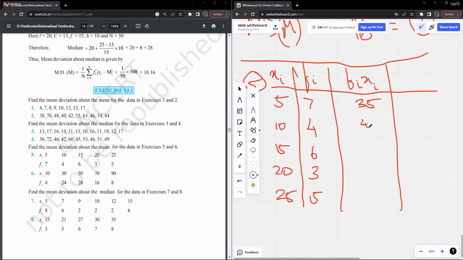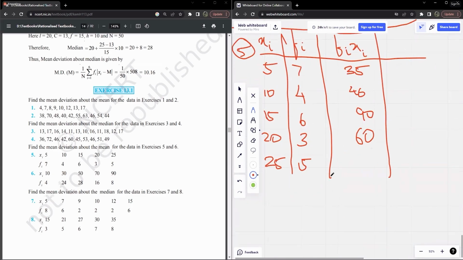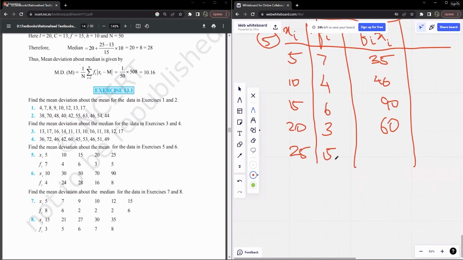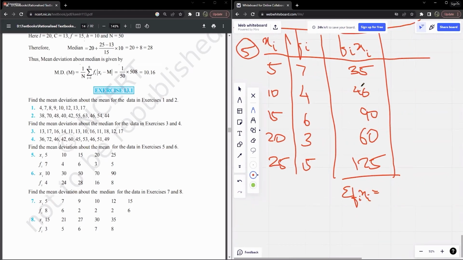This to be 4 into 10, that's 40. This to be 6 into 15, that's 90. This to be 3 into 20, that's 60. And this is 5 into 25, that's 125. Right. So the sum of fixi, sigma fixi is equal to 350.